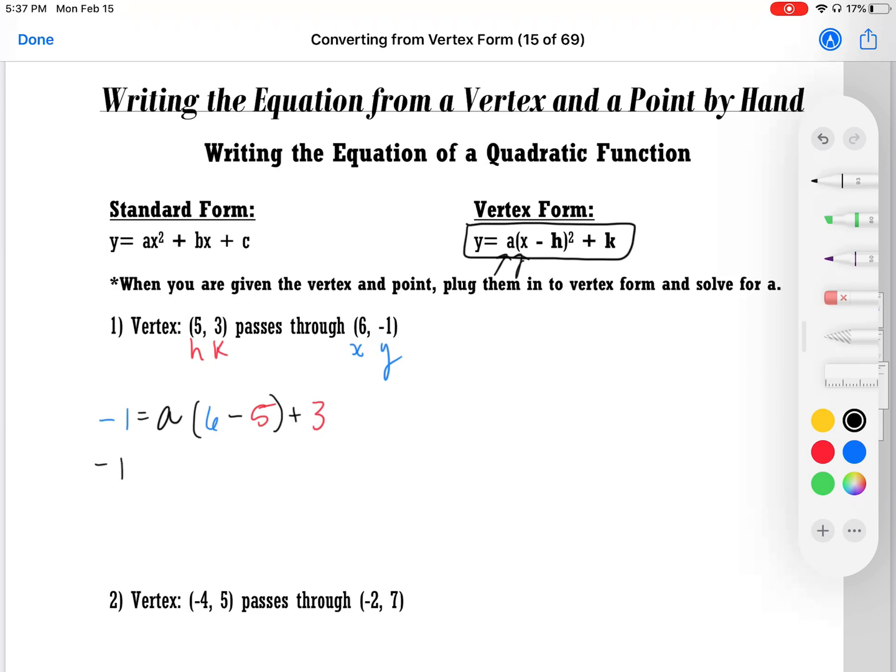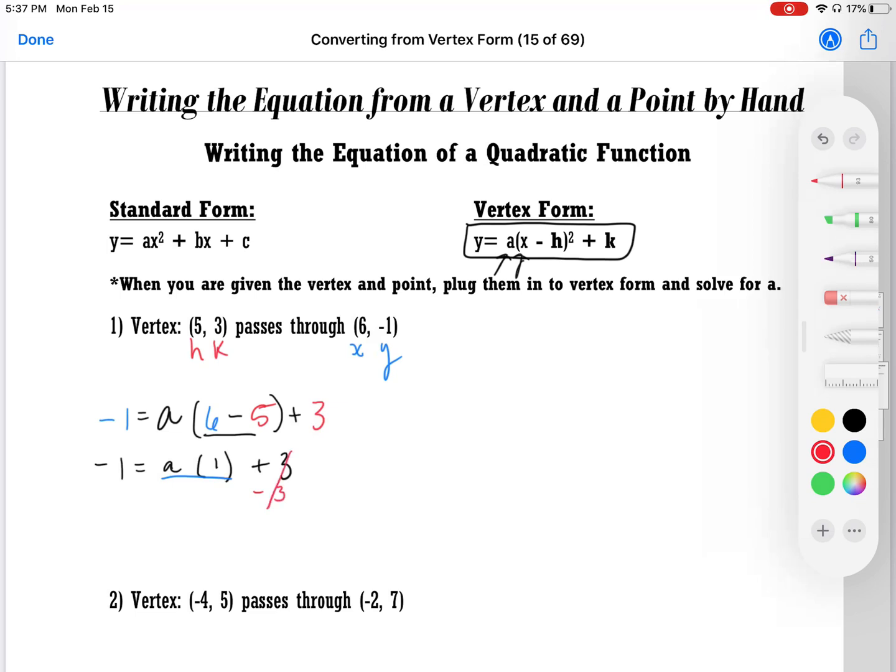So this leaves me with -1 equals A. We do parentheses first. 6 minus 5 is the number 1. And then there's a plus 3 in the back. So this A is attached to the 1, so it's got to stay there. So my next step is to move the constant, or the number by itself.